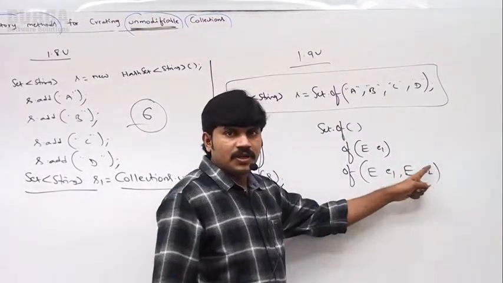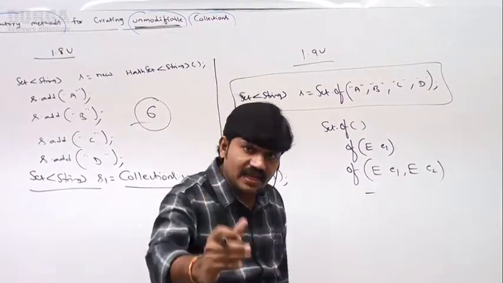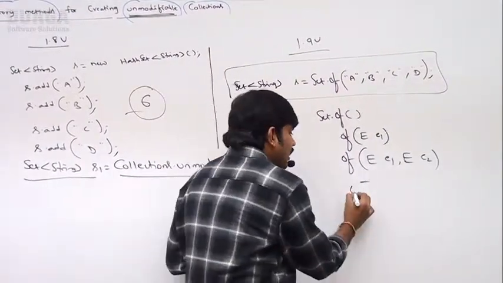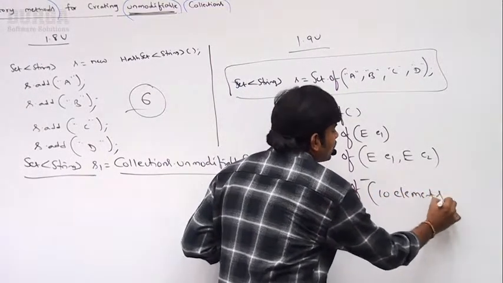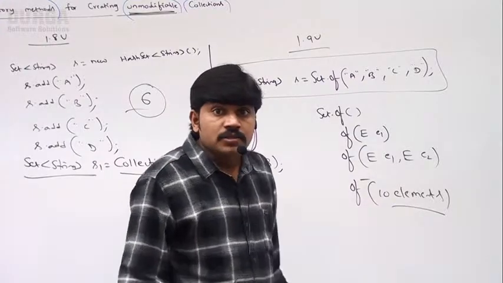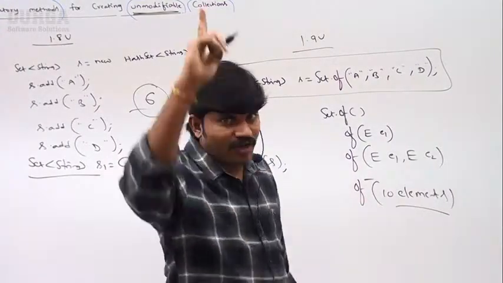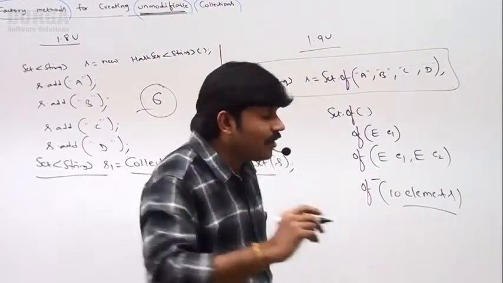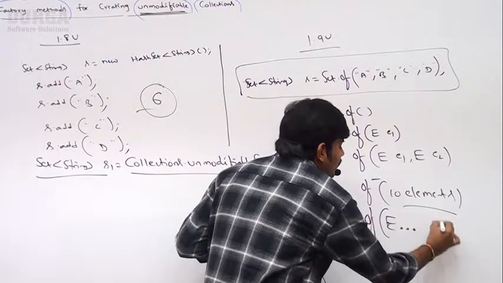With two elements, and similarly 3 elements, 4, 5, 6, 7, 8, 9, 10. Up to 10 elements, corresponding methods are available. Sir, what if I want to create more than 10 elements? Whatever approach we followed in the case of list, the same thing applies here. The varargs of method is there.